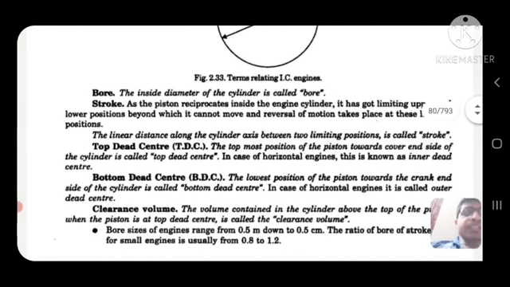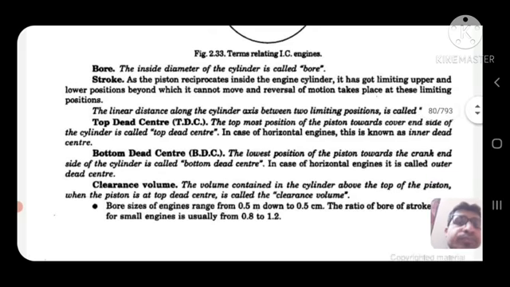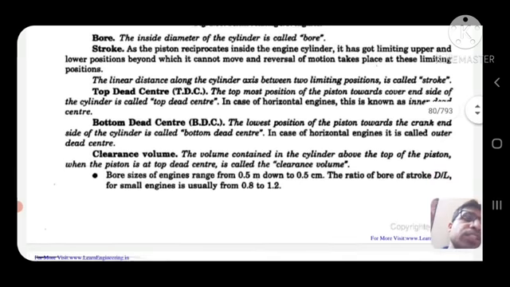The inside diameter of the cylinder is called bore. As the piston reciprocates inside the engine cylinder, it has limiting upper and lower positions beyond which it cannot move, and reversal of motion takes place at these limiting positions. The linear distance along the cylinder axis between two limiting positions is called stroke.